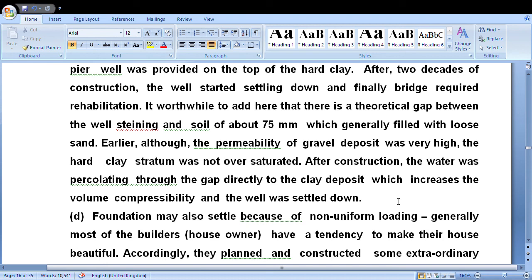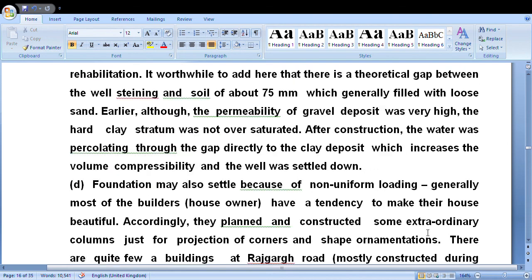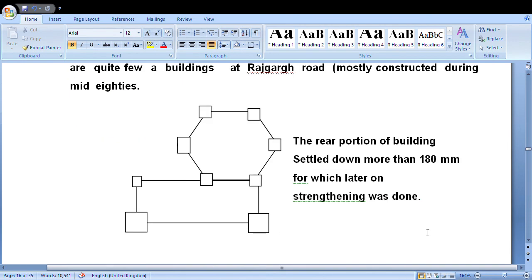So once this differential settlement has started, it is very difficult to manage and maintain. Foundation also settles with non-uniform loading and irregular structures.